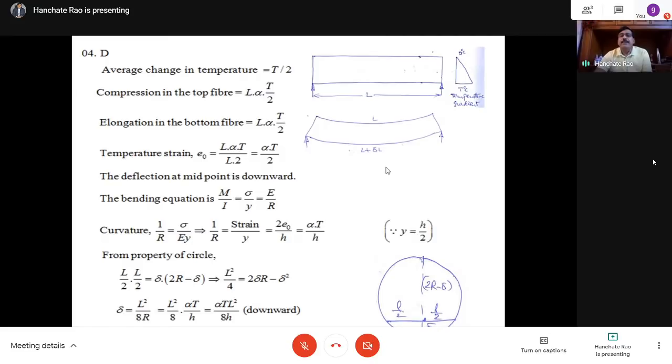A slightly complicated question. The temperature is varying from 0 at the top to T degrees at the bottom. Generally, if you take a practical case, it is reverse. If you take a slab, at the top of the slab the temperature will be more, at the bottom of the slab the temperature will be less.